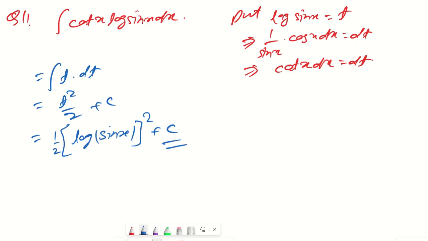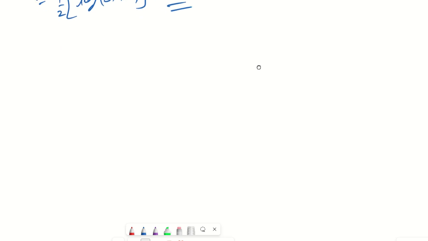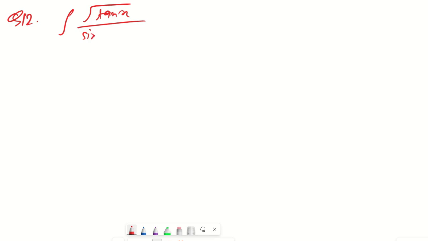Okay, let us take some tough question. The question is integration of square root of tan x divided by sin x into cos x dx. So what can we do? We can consider this as I, and we will try to multiply and divide this term by something.